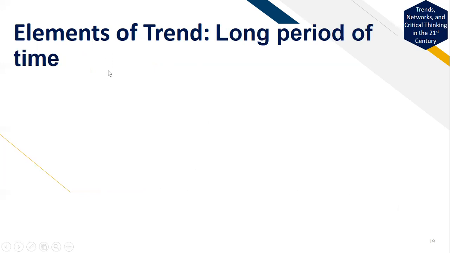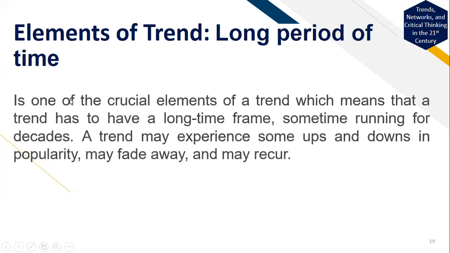So next, elements of trend as to long period of time. So it is one of the crucial elements of a trend, which means that a trend has to have a long time frame, sometimes running for decades. A trend may experience some ups and downs in popularity. It may fade away or it may recur.